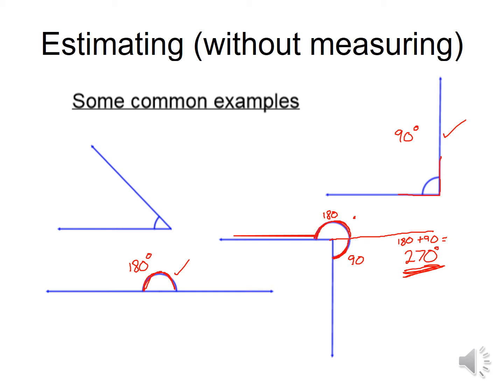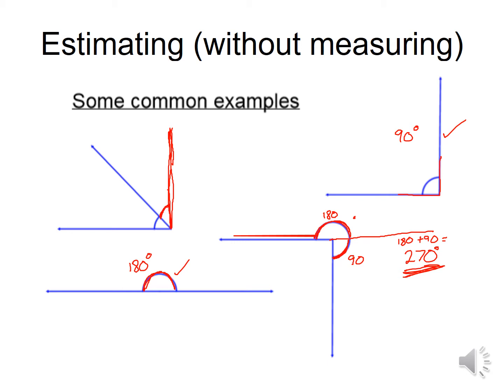And this last one is probably the hardest one of these, because it's smaller than 90. So we know that 90 is a right angle, so it looks like this. Sorry, not very neat. So we've got our 90 degrees there, and we can see that it's not that close to 90. But we can see it's about halfway there, because if you have two of them, that's about 90.